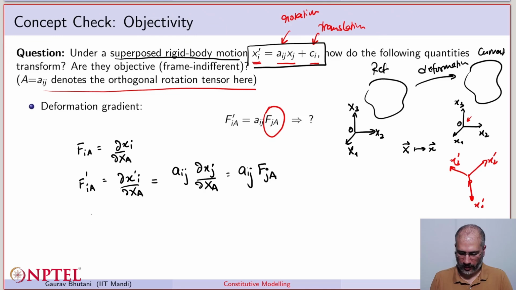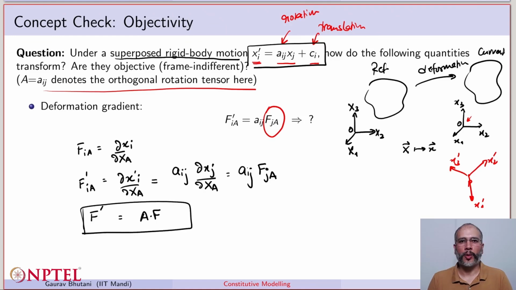So if I were to write this in symbolic notation, this becomes F' is A times F. What we notice here is that this F' that we have measured depends on A. If the observer rotated differently, then F' would be different. So if my constitutive model was written with sigma in terms of F, then there would be something wrong there, because of the rotation of the observer, or as we sometimes call it, the superposed rigid body motion, the stress calculated would be different, which is incorrect.